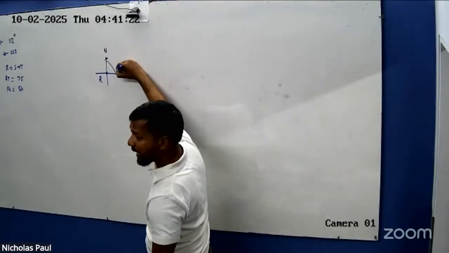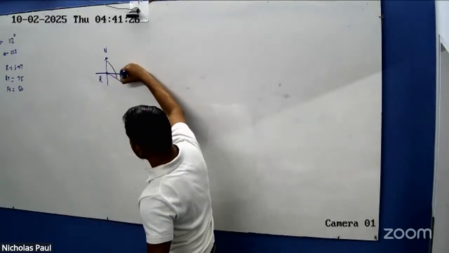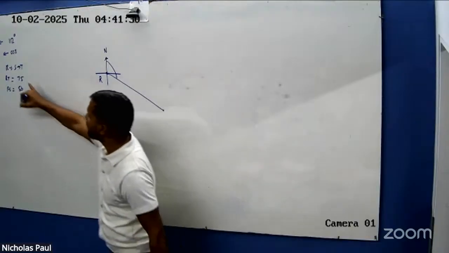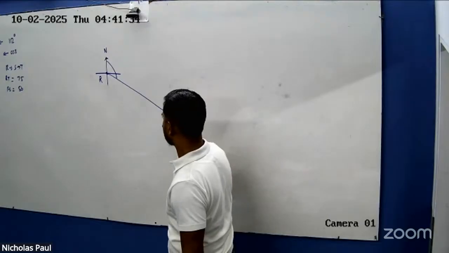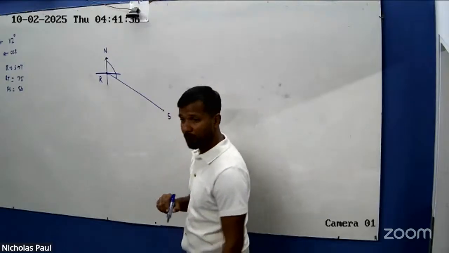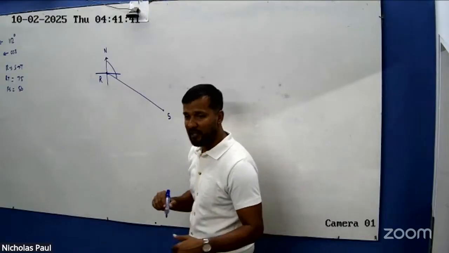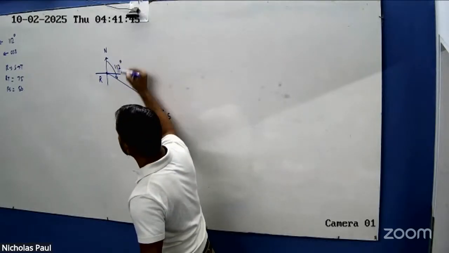Up to here is 90, and here is about 112. And I join my line. That will take me to S. Everybody okay with that? Before you do anything, put in the angles and lengths you have. Here is 112. So how much is here?